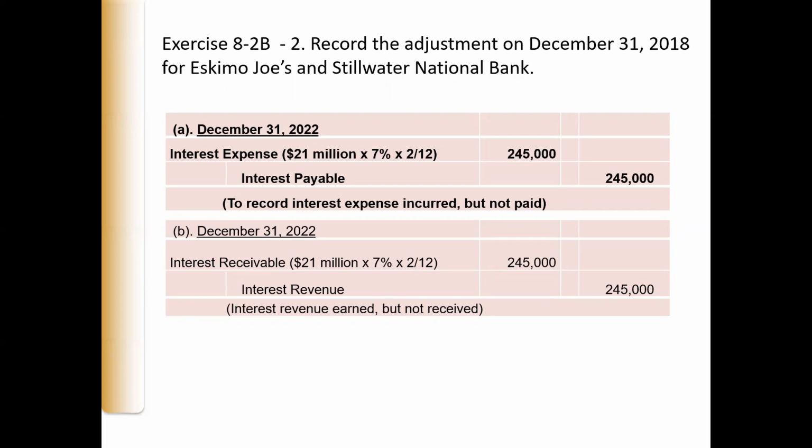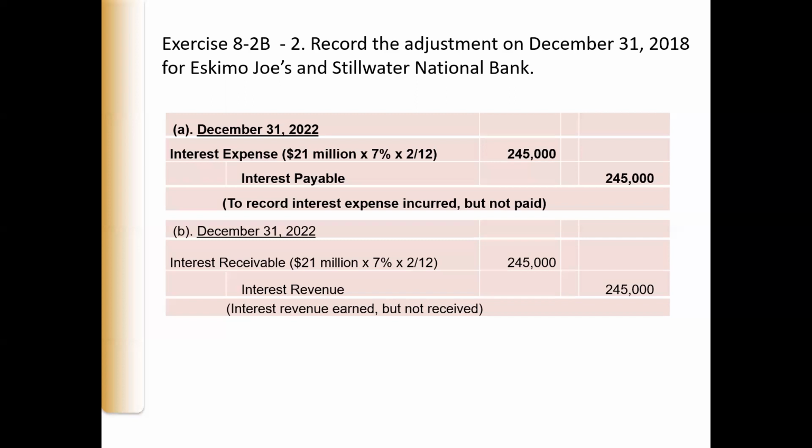So 21 million times 7% times 2 months out of 12 months is 245,000. But Stillwater Bank is going to debit interest receivable because they're not going to receive it yet, and credit the interest revenue for 245,000.